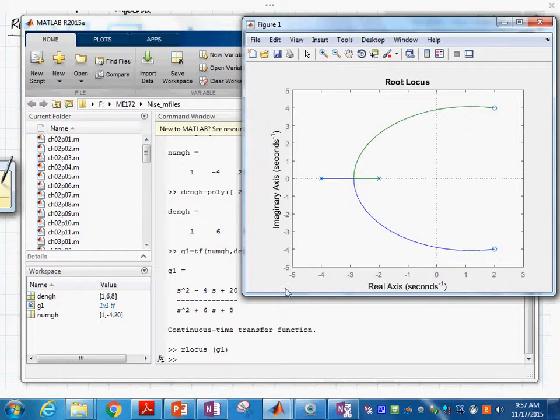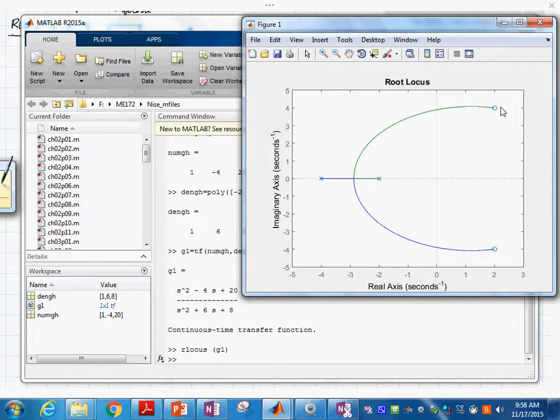See, the zeros of the numerator are these ones. And the roots of the denominator are obviously that -4 and -2, you see? So you basically start over here.